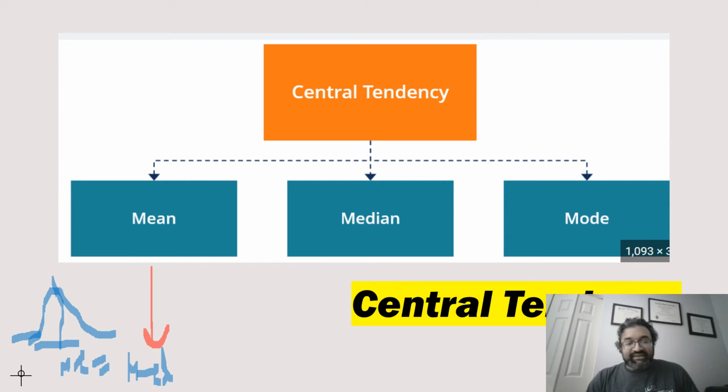However, when there's skewness, if it's positive skewness like that, then the mean is greater than the median. That's called positive skewness.